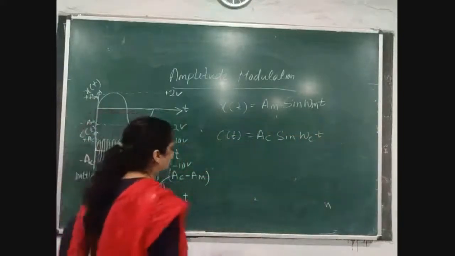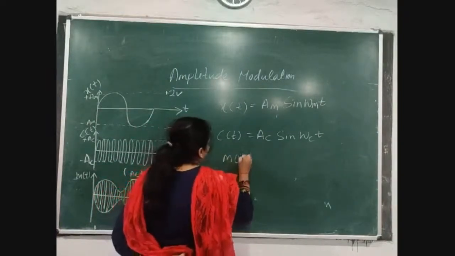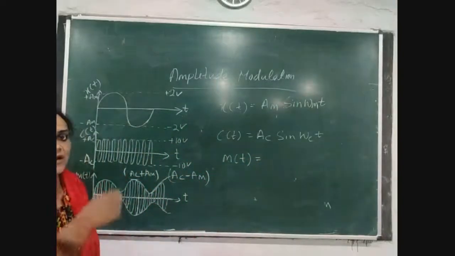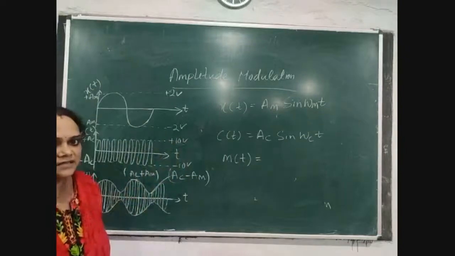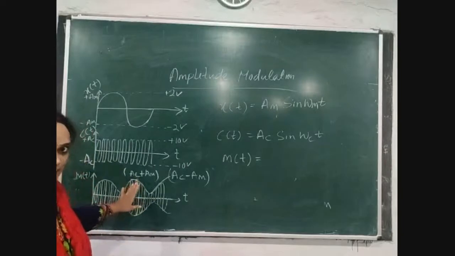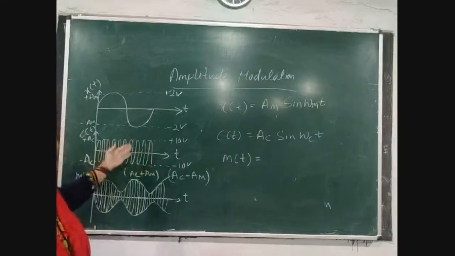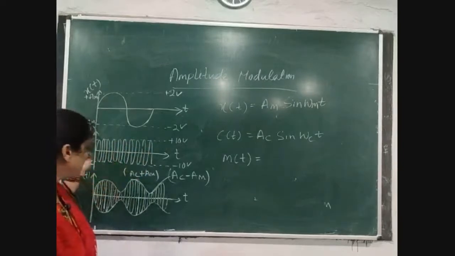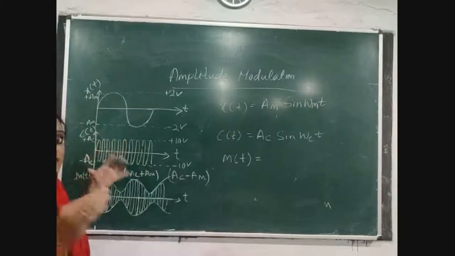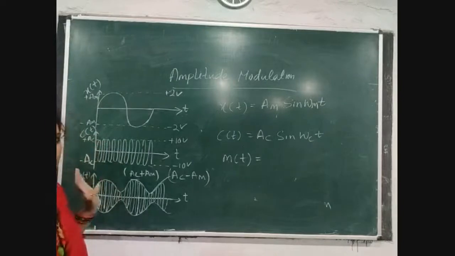Then the modulated signal is denoted as m of t, and here we combine the amplitudes of the modulating signal and the carrier signal. The frequency of the modulated signal is the same as the frequency of the carrier signal, which means the operating frequency is the same in the carrier signal and the modulated signal.